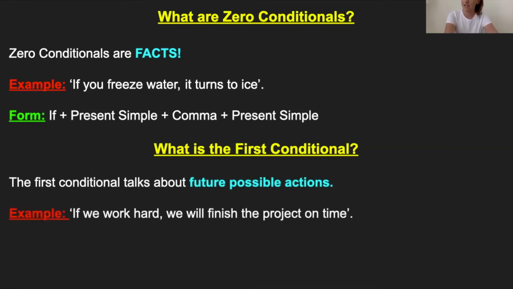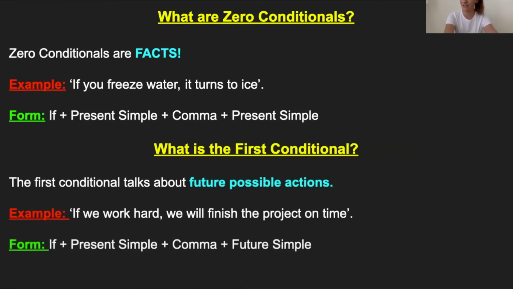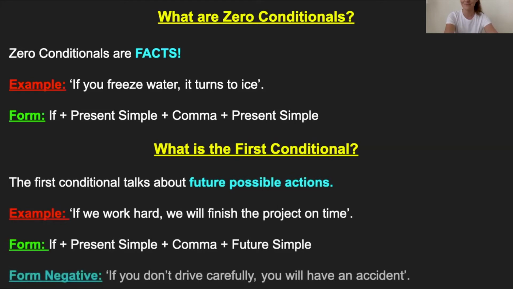If we work hard, we will finish the project on time. And to form it, we have if plus the present simple plus a comma plus the future simple. Excellent. To form the negative, if you don't drive carefully, comma, you will have an accident.